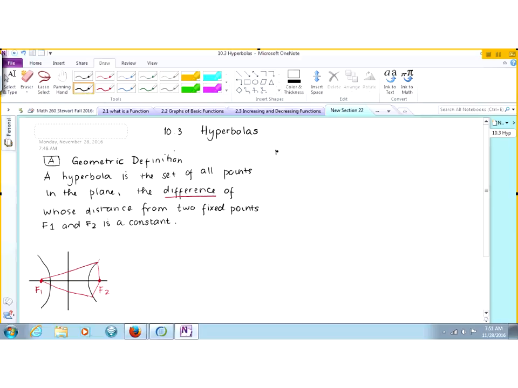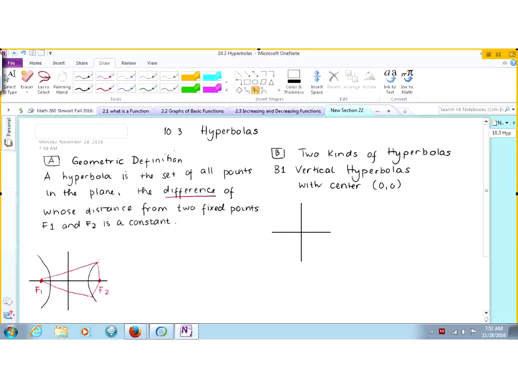Now there are two kinds of hyperbolas, vertical and horizontal. The first one is the vertical hyperbola, and the center is 0, 0.